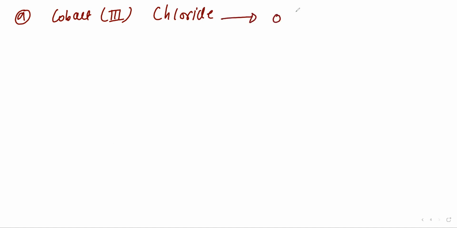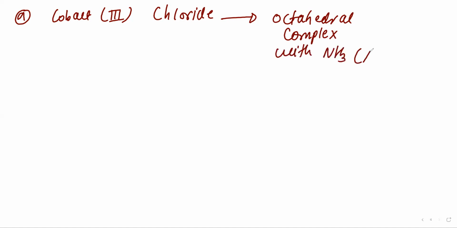Now see the next sum, the 9th one. Cobalt 3 chloride forms several octahedral complexes with ammonia, right?